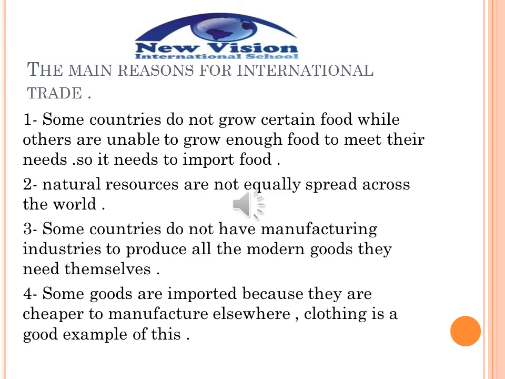Africa has a large reserve of gold, which they export to countries that do not have their own reserves. Point number 3. Some countries do not have manufacturing industries to produce all the modern goods they need themselves.